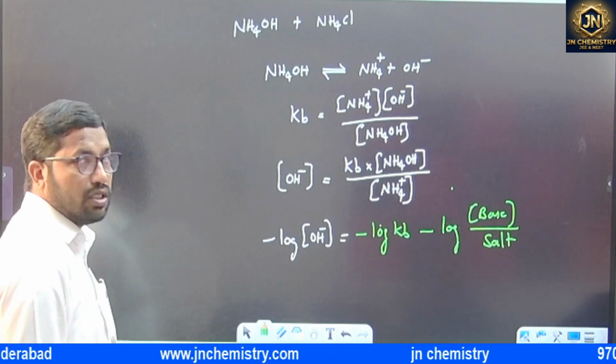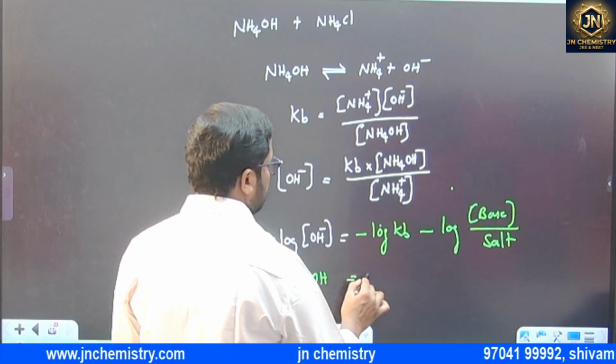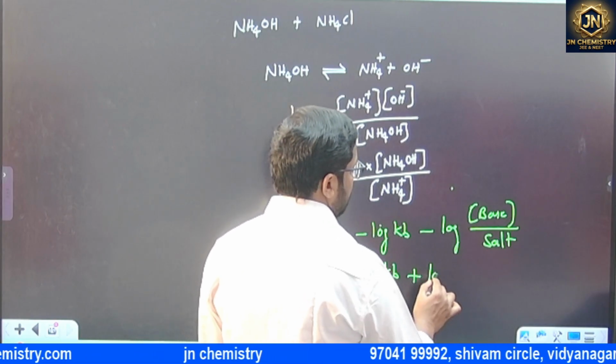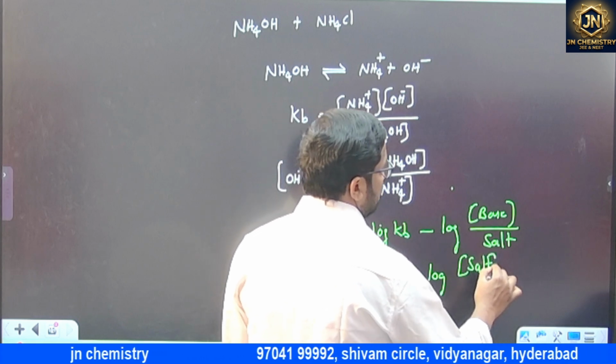Now, so pOH equals pKb plus log salt concentration by base concentration.